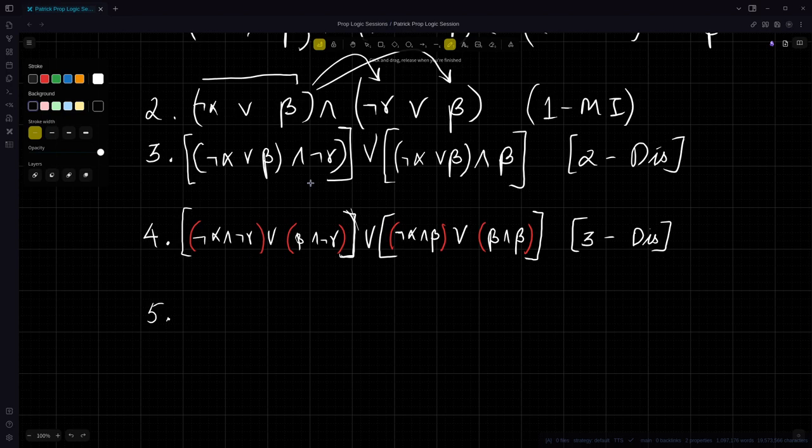It is possible to do material implications inside the brackets, but I don't know how it would get us anything.